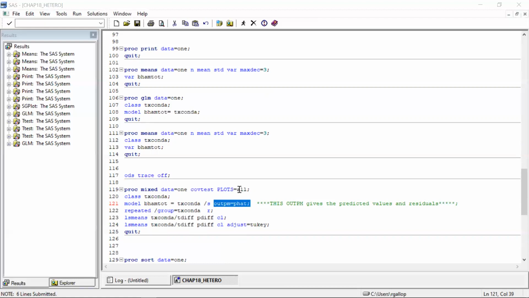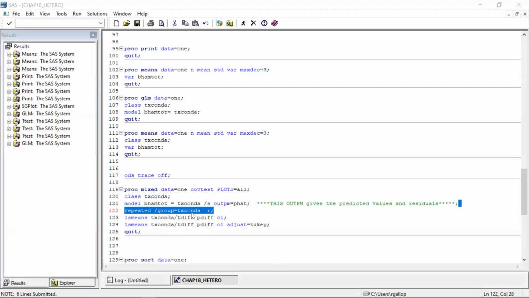Now, how we tell SAS to fit the heterogeneous ANOVA model is this line right there, line 122. We tell SAS repeated / group=TXCON. We're telling SAS we want separate variances estimated for each level of treatment. The treatment variable in this case is TXCON.